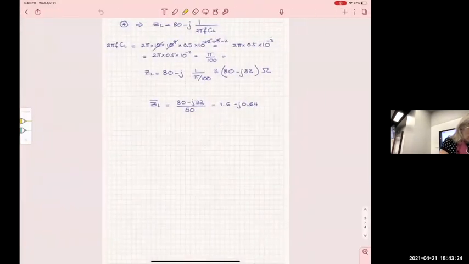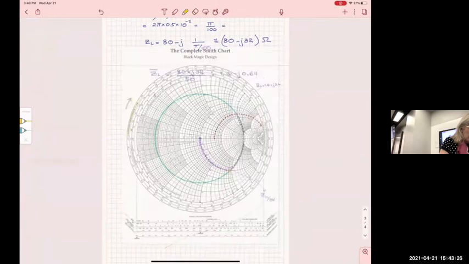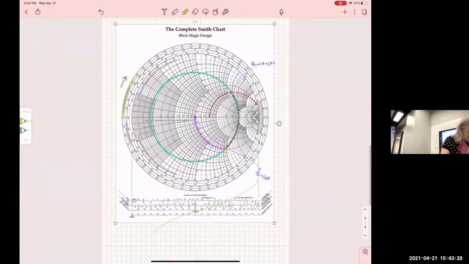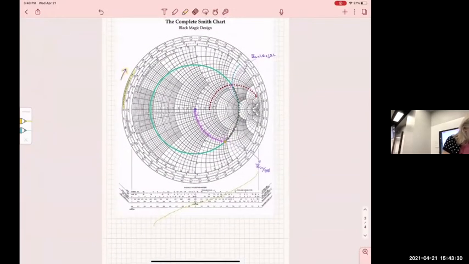All right, so here, paste, and give me a second to clean this up.